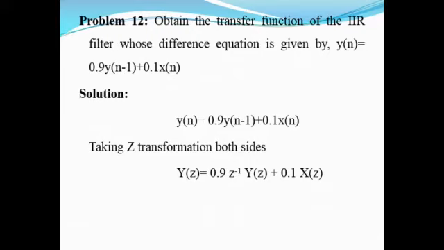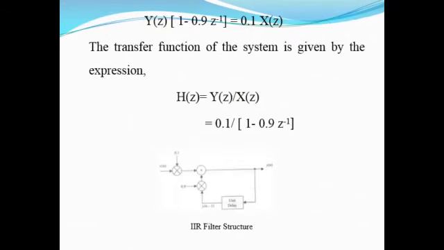We have to apply the Z transform on both sides of the equation, which gives Y(z) = 0.9 Y(z) z^-1 + 0.1 X(z). Then Y(z)(1 - 0.9 z^-1) = 0.1 X(z).